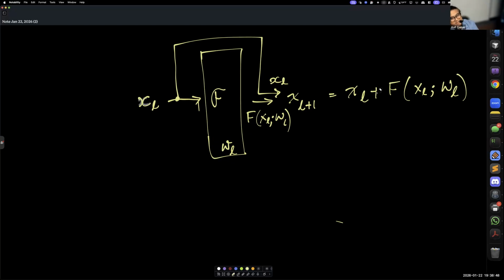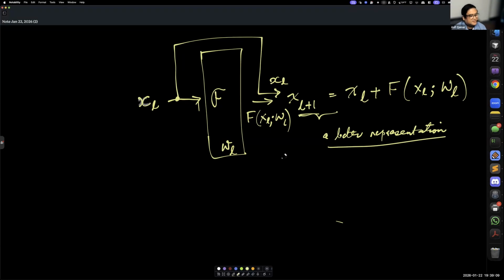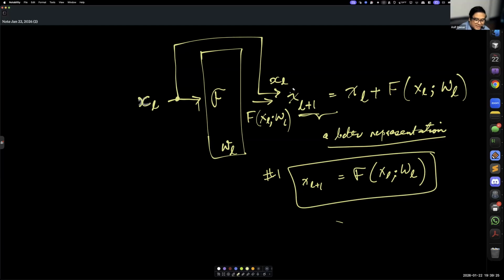They learn better representations. But let us say, so the hope is that XL plus 1 is a better representation. And for it to be a better representation, let's say that without residual, it would have just been XL plus 1 is F of XL. But these two equations, let me call this number 1, and this is number 2.